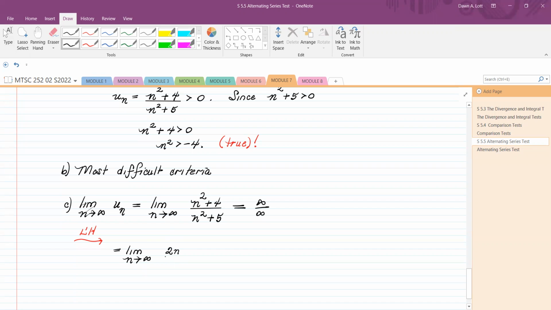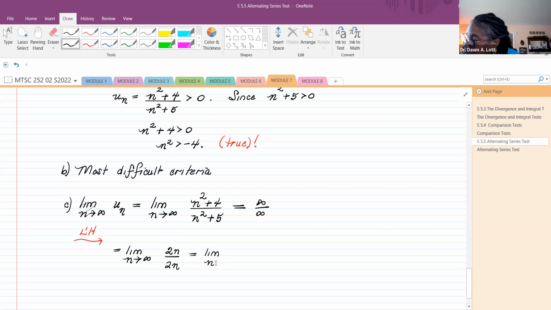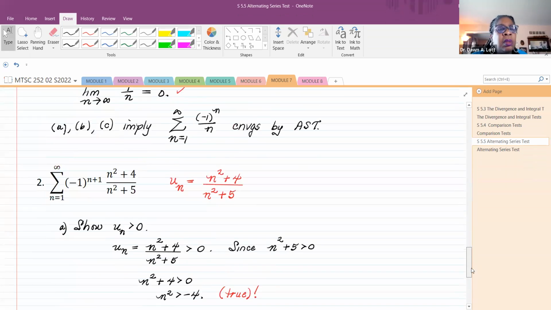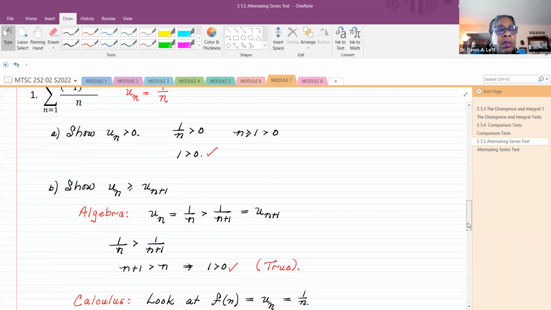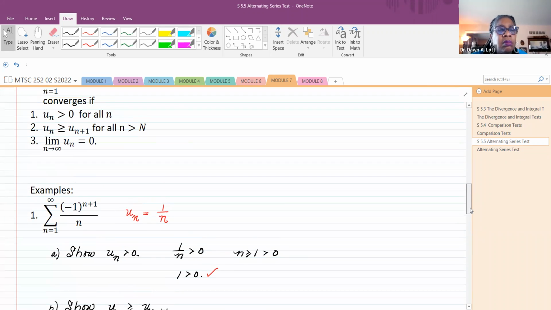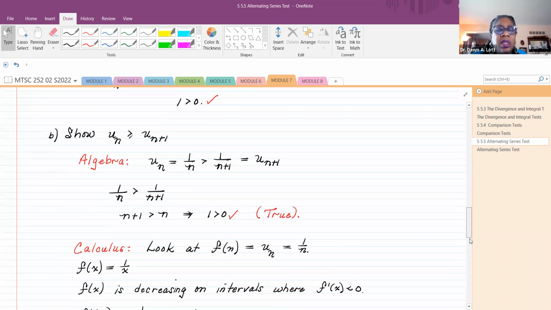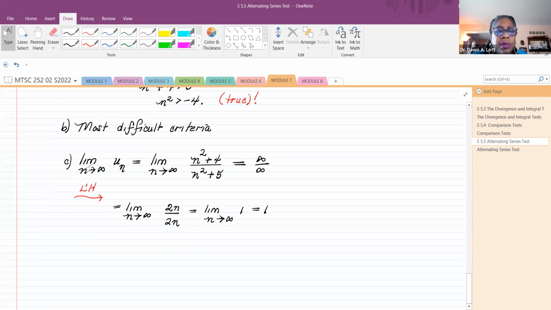And then it's going to be 2n on the bottom as well. That is equal to 1, so that's the limit as n approaches infinity of 1. That equals 1. What did my criteria say for number 3? Said my limit had to equal 0. Well, that does not equal 0.